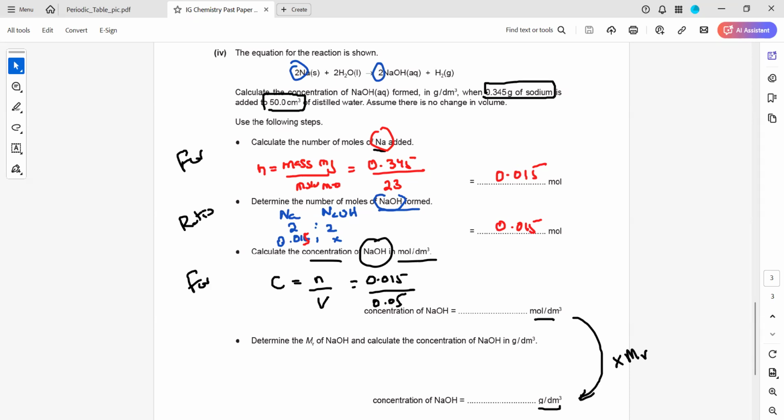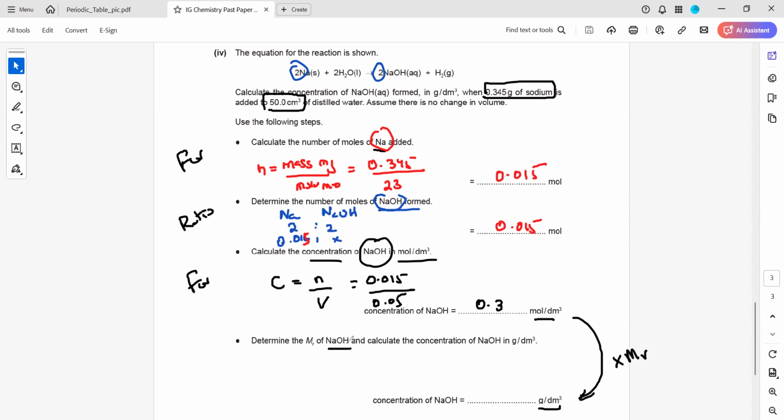So the concentration is 0.3 mole per dm cube.